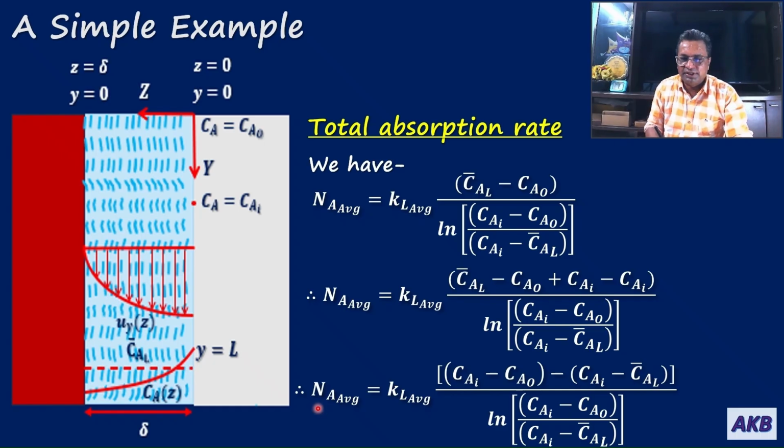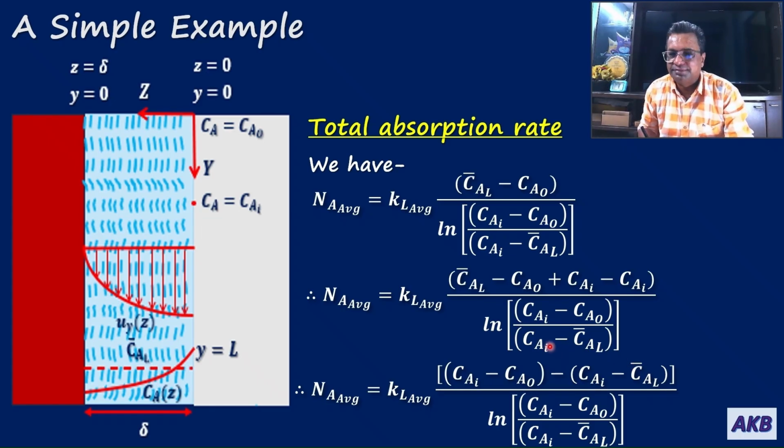So you are getting NA average is equal to KL average into CAI minus CA naught minus CAI minus CAL bar, divided by ln of CAI minus CA naught divided by CAI minus CAL bar. In the numerator you have one term minus the other term, and in the denominator you have ln of the first term divided by the second term. So this is the logarithmic average of these two brackets, CAI minus CA naught and CAI minus CAL bar.